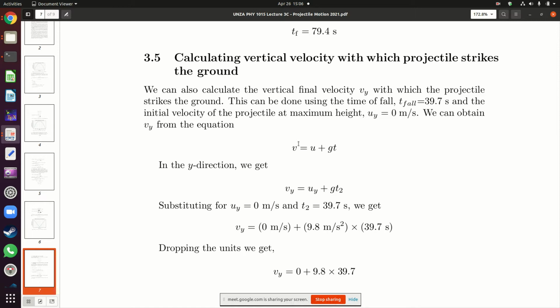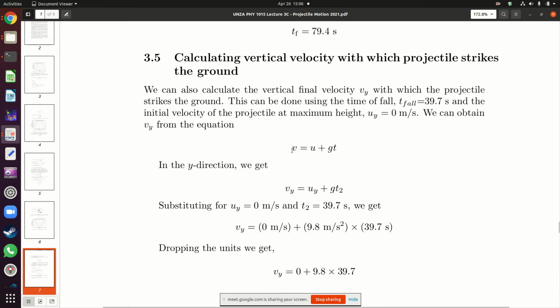We don't have to bother about the x direction, because there the velocity is the same. It is still whatever it was when we left it. So along the x direction, the velocity is still the same, and since it's constant we don't have to bother about it.